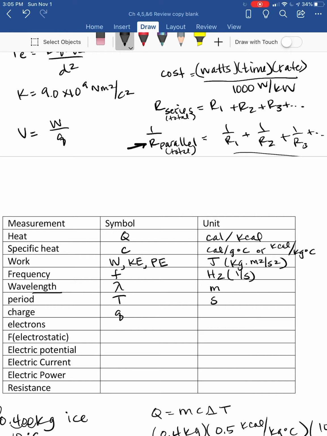Charge is a lowercase q, so we have an uppercase Q for heat, but a lowercase q for charge, and it is measured in coulombs. Electrons, its symbol is just like a lowercase e, and it's also measured in coulombs.